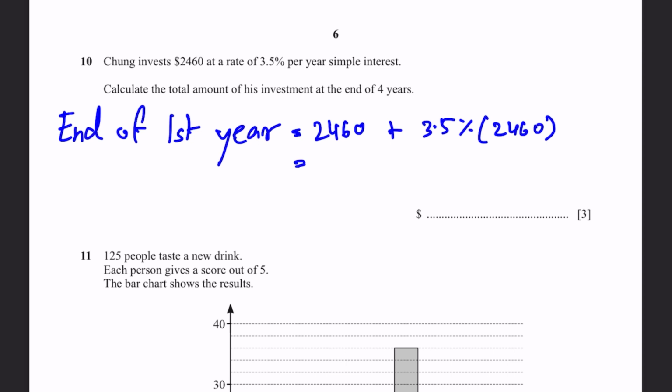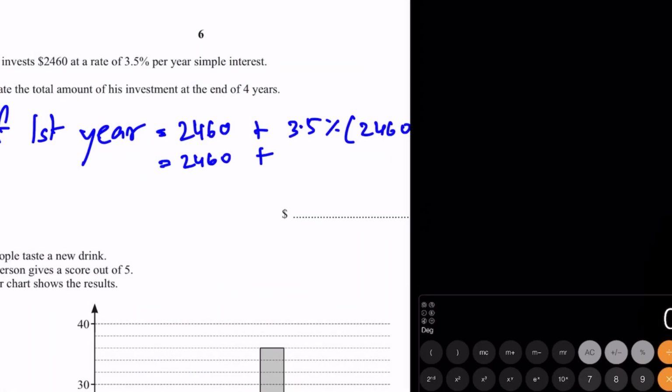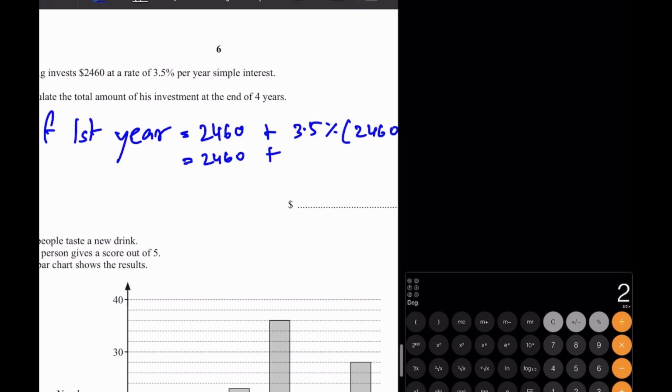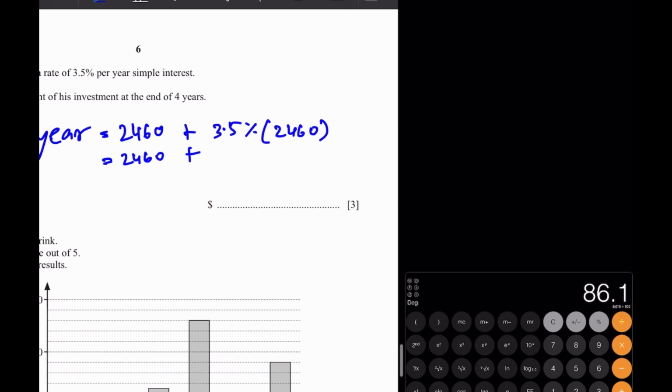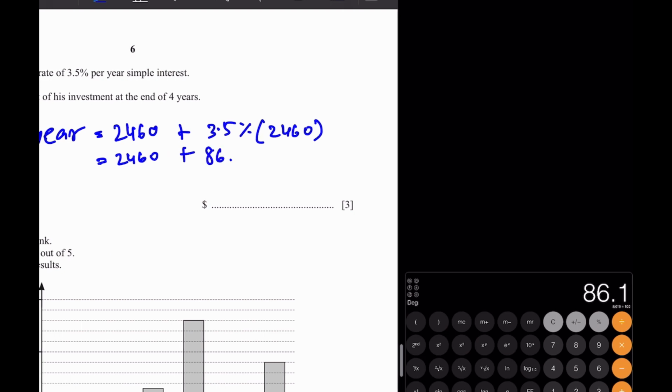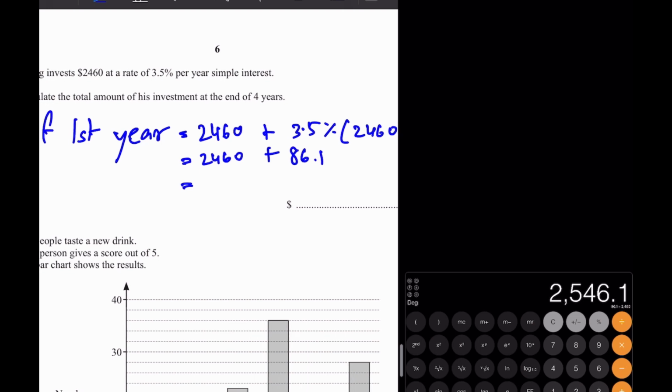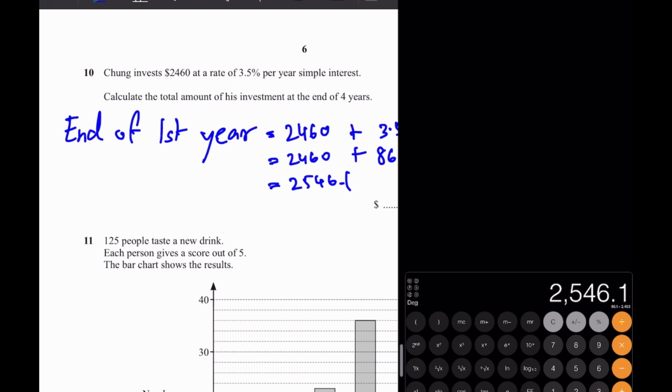And now that's 2460 plus, get the calculator out, 3.5 into 2460 divided by 100. So plus 86.1, and that's not just for this year, it's for all the years because it's simple interest. So this value we can add in the calculator, 2460, add, and now we get the answer 2546.1 for end of first year.